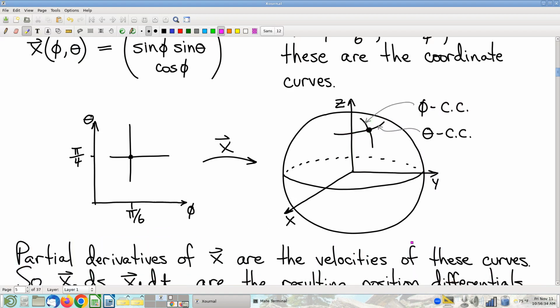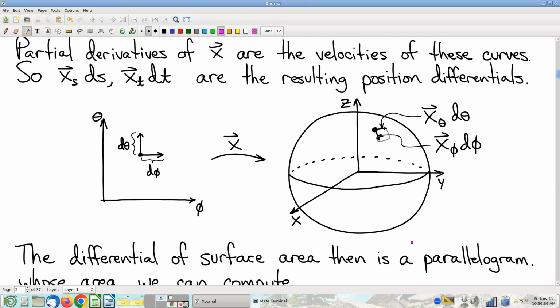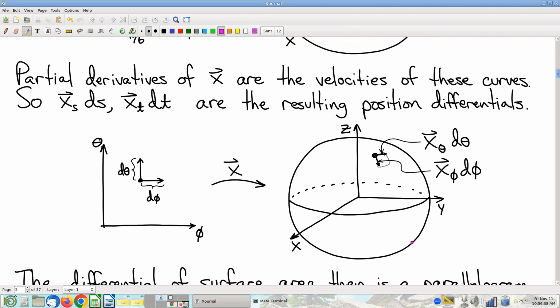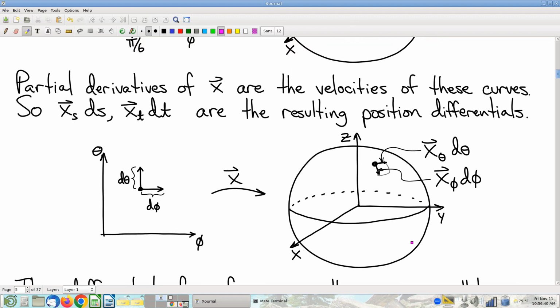So that allows me to talk about position differentials. Let's imagine hypothetically that I'm at this point here in phi theta space that has me at some corresponding spot on the sphere. Suppose I were to move by some amount in the theta direction.